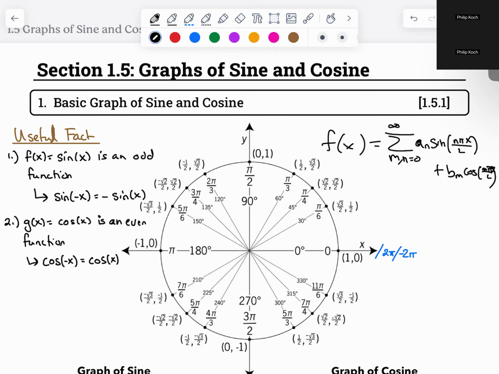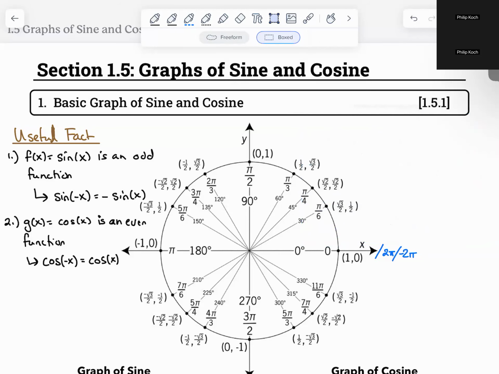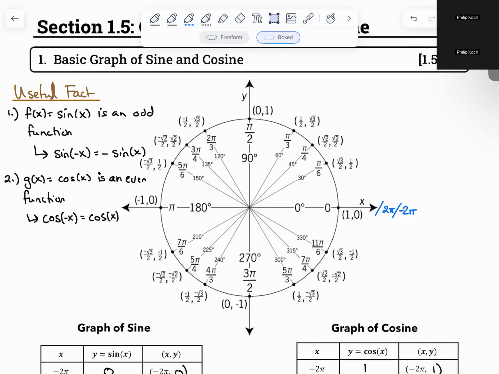That's amazing. Any function, like square root of x squared minus 3x divided by natural log of x minus 5, you could write as a sum of sines and cosines. An infinite sum, of course, which makes things a little bit wonky, but Fourier series, super cool. If you want to know more about it, please feel free to talk to me. That's in an area of mathematics called functional analysis.